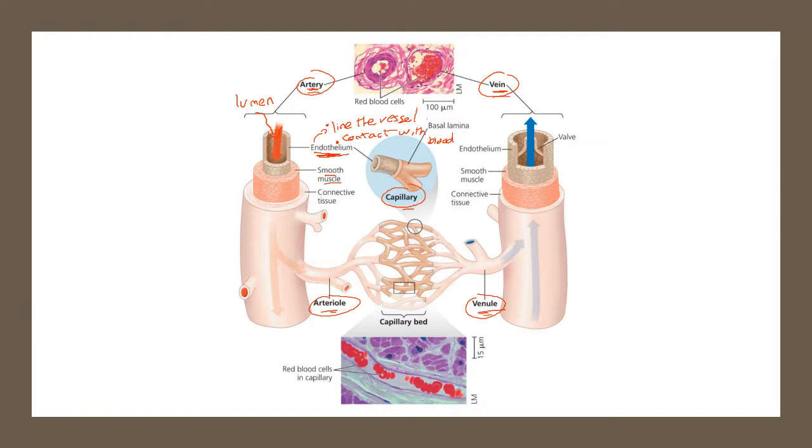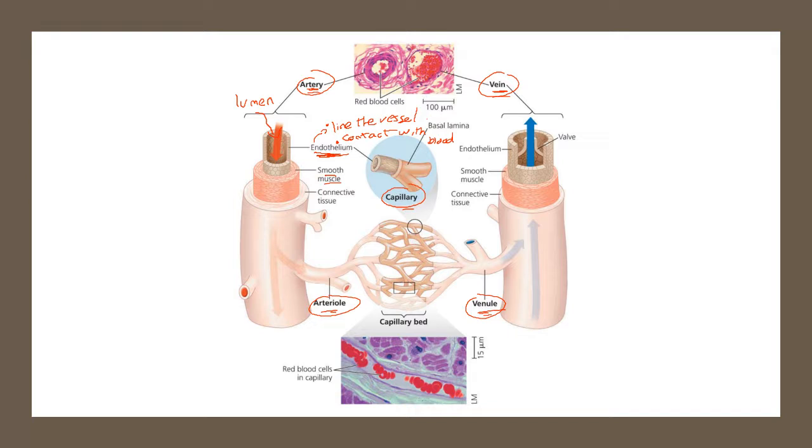The basal lamina and the endothelium are the main parts of the tunica intima. But I'm not going to talk about tunics. I just want to point out the main components of your vessels. If you go to a higher level class, then you'll hear those words, and know that endothelium, smooth muscle, and connective tissue are part of those tunicas.